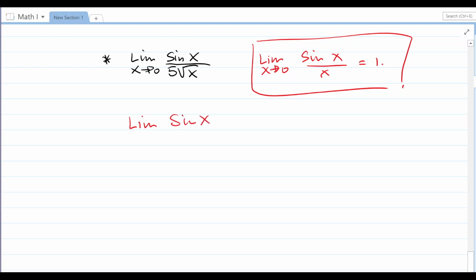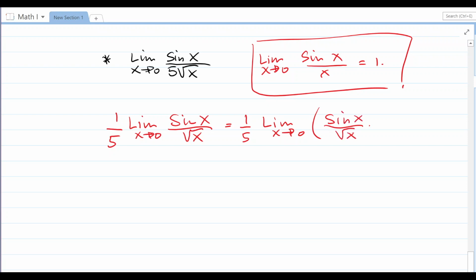Take the 5 out first of all, 1 over 5, and then we only have sine x over square root of x, which again can be modified into 1 over 5 times the limit of x approaching 0 of sine x over square root of x, but this time we want to multiply with square root of x over square root of x, which is equal to 1 essentially.